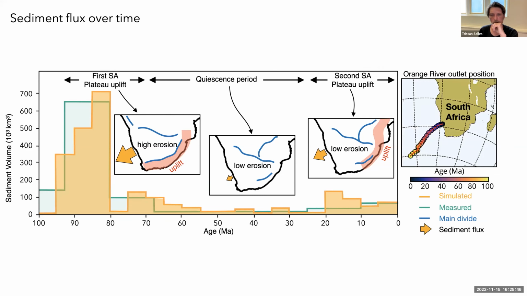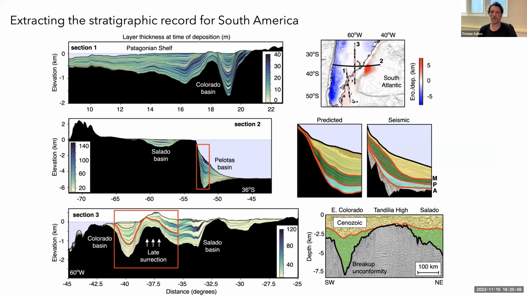So another example of what you can do, again at a catchment or regional scale, is we look at different places, and here in South America we did different cross sections. You can look first at the shape of the deposits. Do we have a long thin sediment deposit, or is it more like a big, large, rapid deposition, and you can compare that with some data.